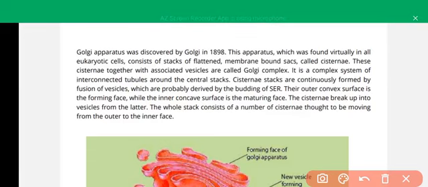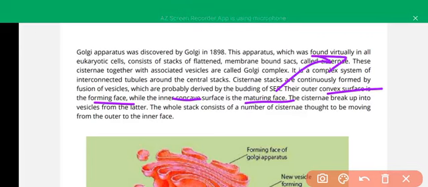or the concave phase is the maturing phase, where the Golgi vesicles, in the form of protein enclosed in vesicles, are moved out. The outer convex surface is the forming phase, while the inner concave surface is the maturing phase.